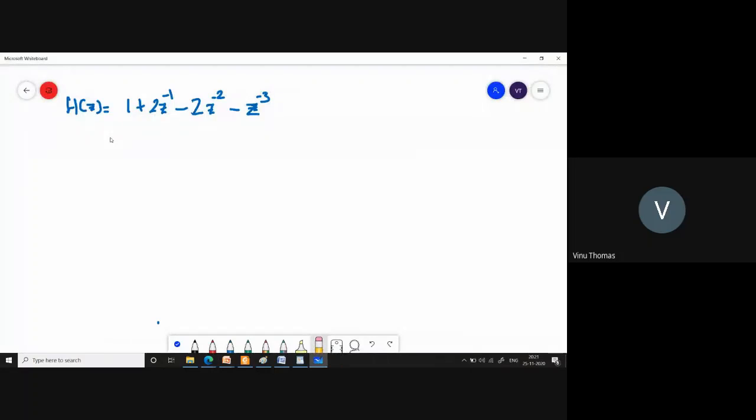So you can write h of z as your type 4 filter. We'll write this as z cube plus 2z squared minus 2z minus 1, divided by z cube.